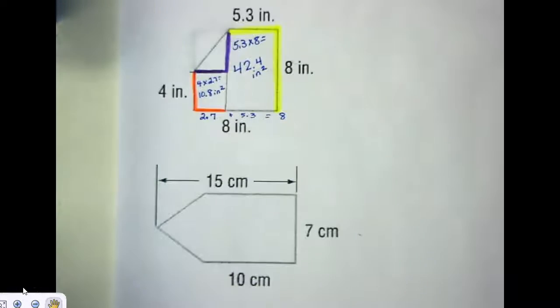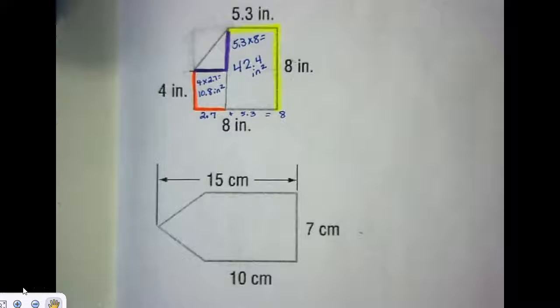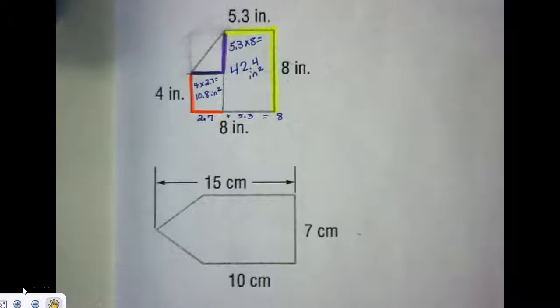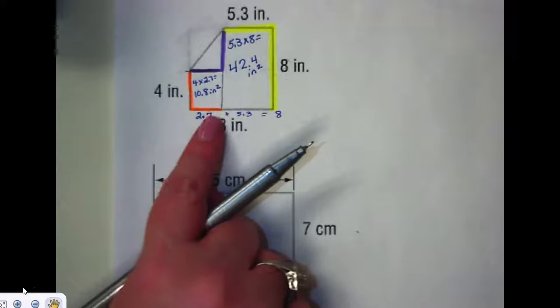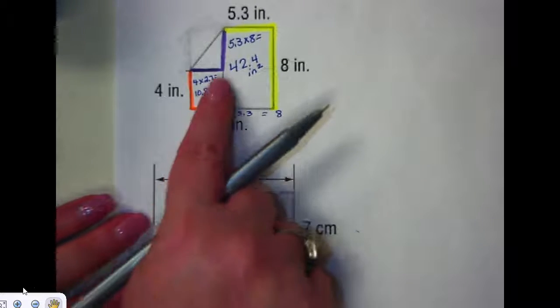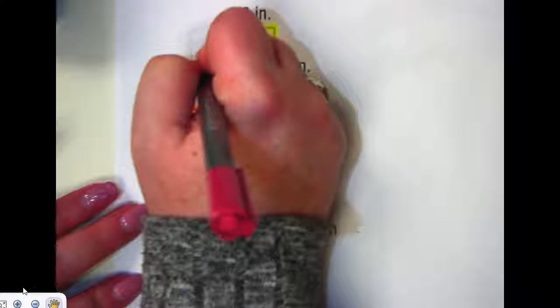There are no numbers that have to do with that triangle. Anybody got any ideas? We just make them up. What do you think, Ava? The same as this? Yes, this is 2 7/10, so this is 2 7/10.